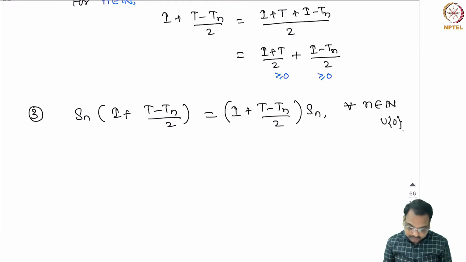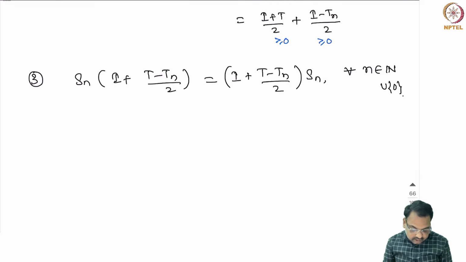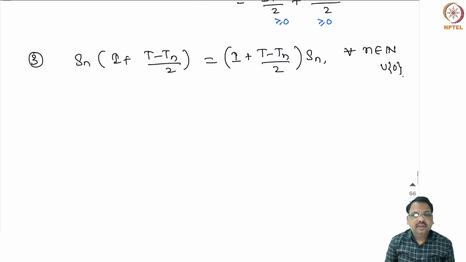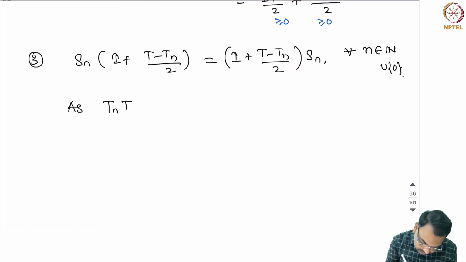That's what we want to show. Now we know that Sn is nothing but Tn plus T, and we know that Tn commutes with T. So as Tn T equals T Tn, we have proved in the first statement.